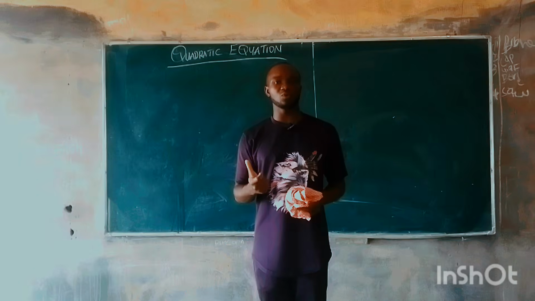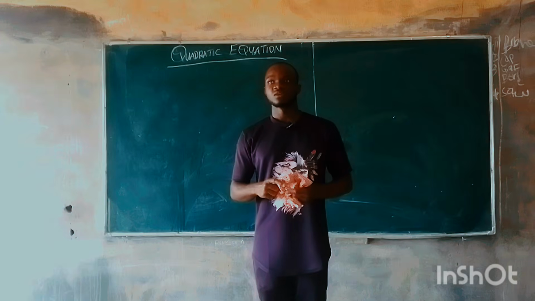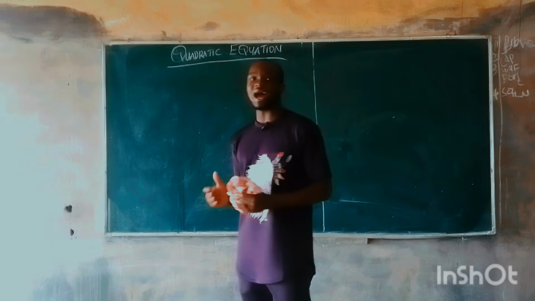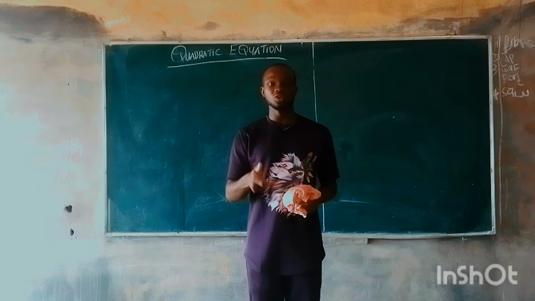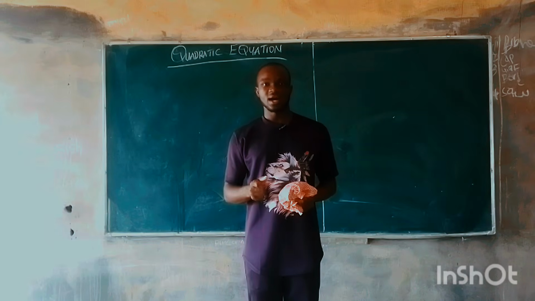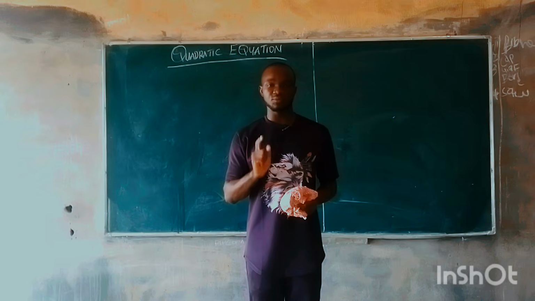What is peculiar about the quadratic equation that makes us treat it specially amongst other algebraic equations is that it has the highest power of the unknown as power 2, and then it has a monomial, and then it has a constant, and the value of every quadratic equation is always equated to 0.